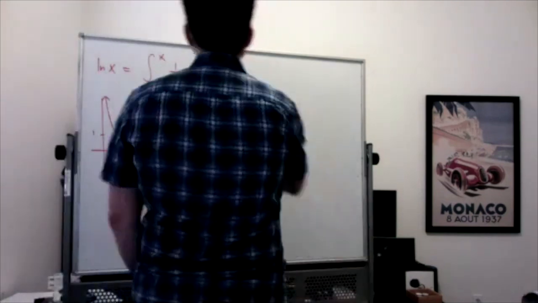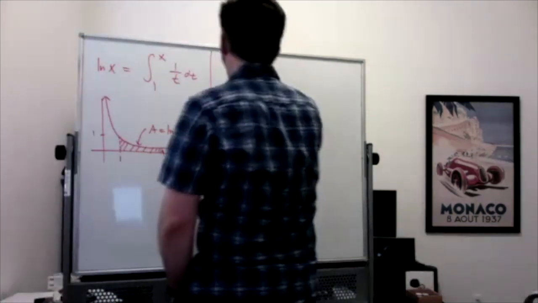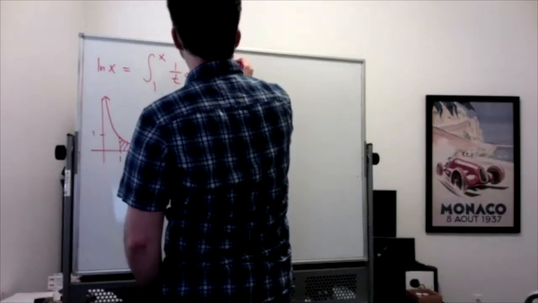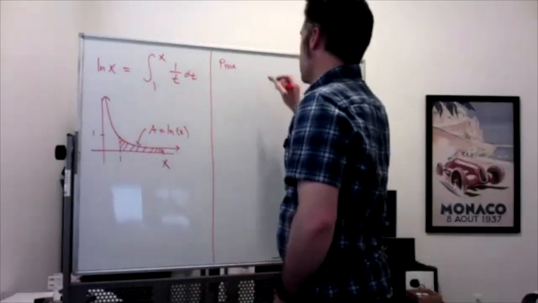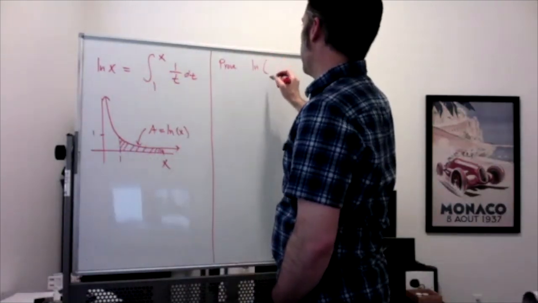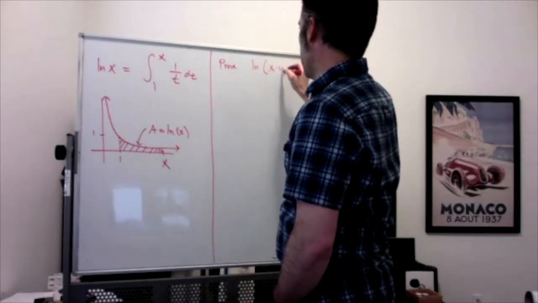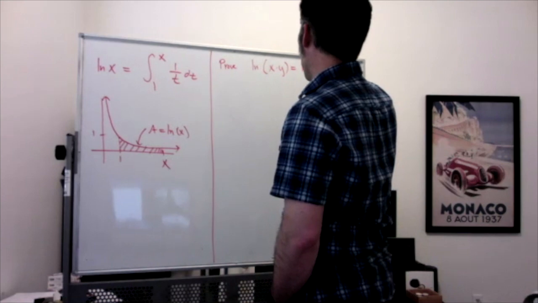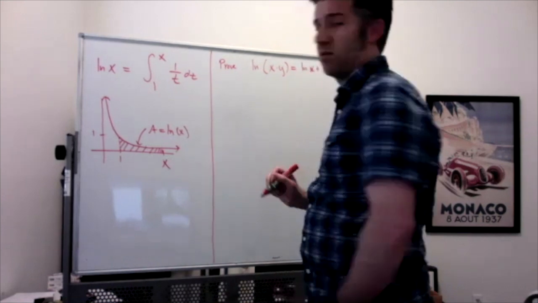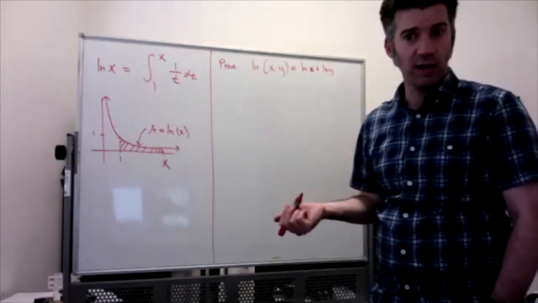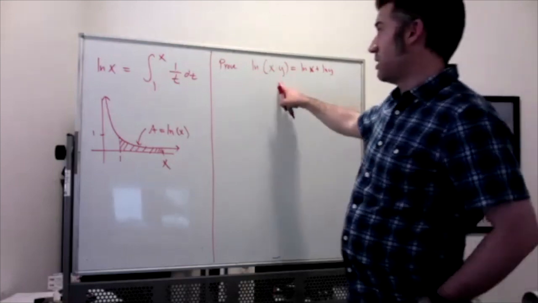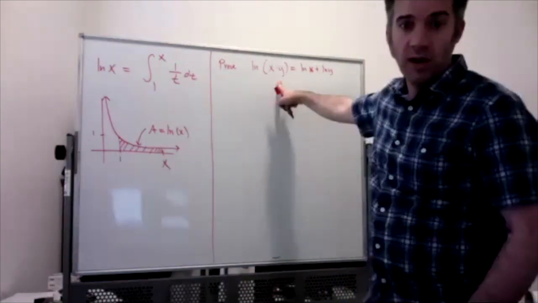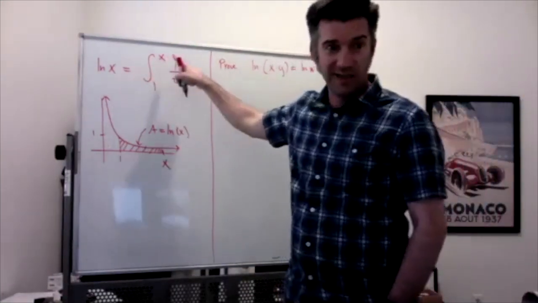For example, we could prove using this that the natural log of x times y is equal to the natural log of x plus the natural log of y. Seems kind of crazy, but let's work on it. I'm going to start with the natural log of x times y, so I'm just replacing x with x times y.